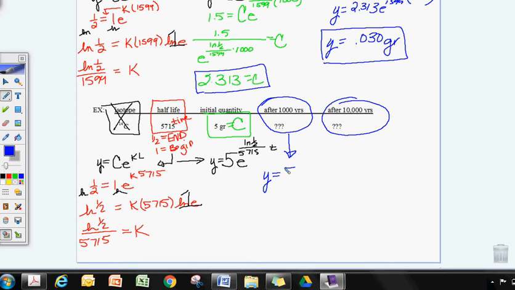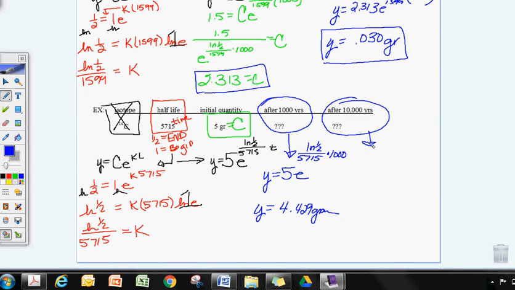Y would equal 5e raised to the natural log of 1/2 divided by that 5,715. And again, you want to leave that k value in exact form, because if you round it, you will be significantly off, and I'll mark it wrong. And when I do that, I grab my calculator, plug it in. It should come out to be 4.429 grams.